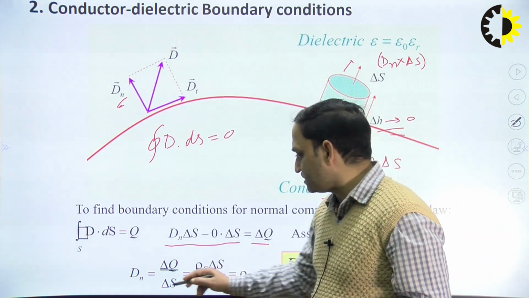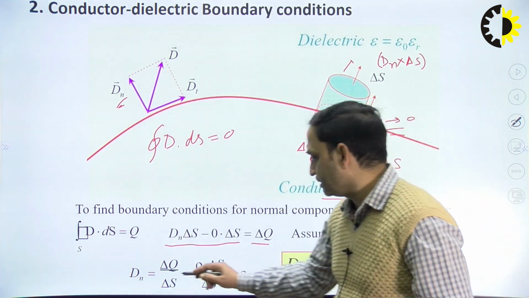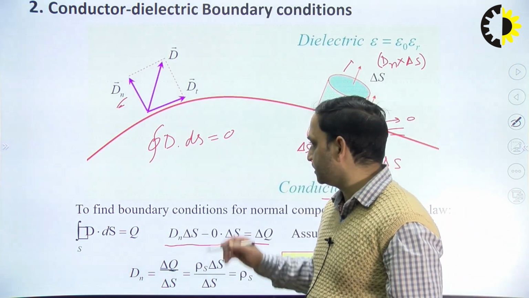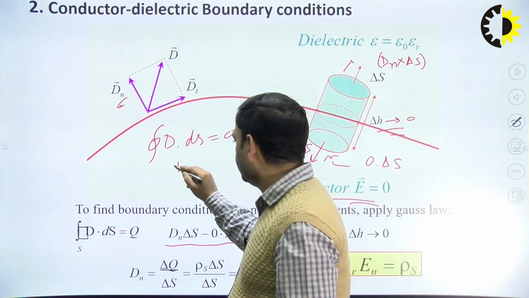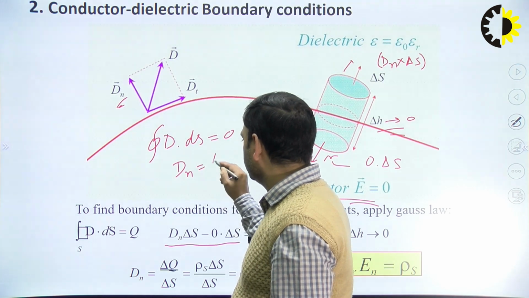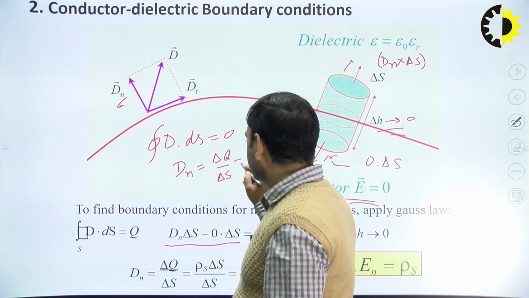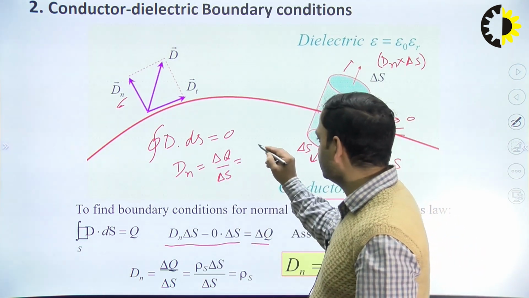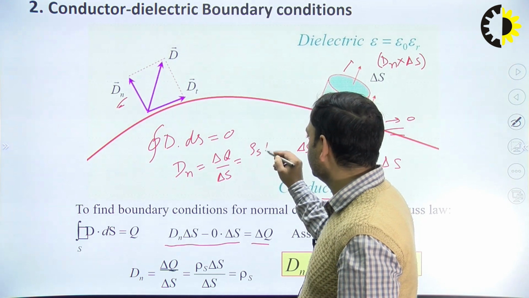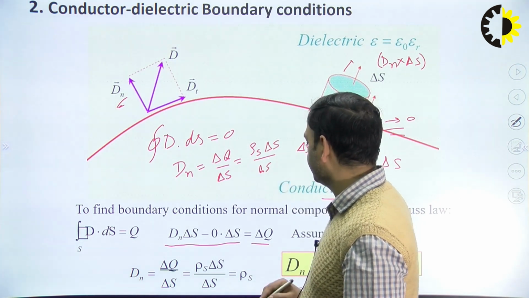So in this case, Dn will be equal to delta Q upon delta S. So this is the expression which we got, right? So we can solve it further. Delta Q is nothing but rho s into delta S, divided by delta S, right?